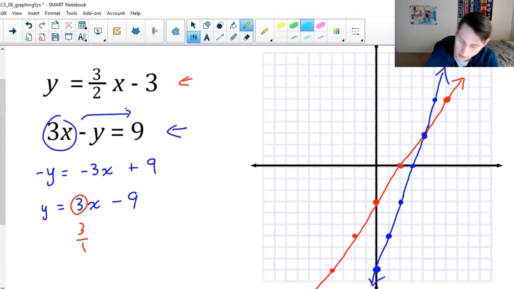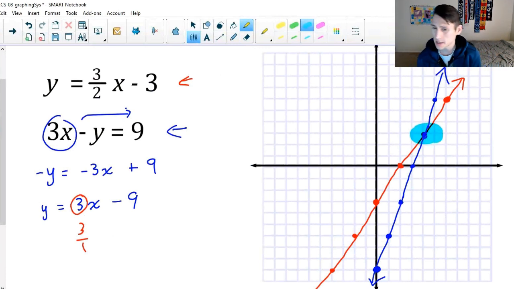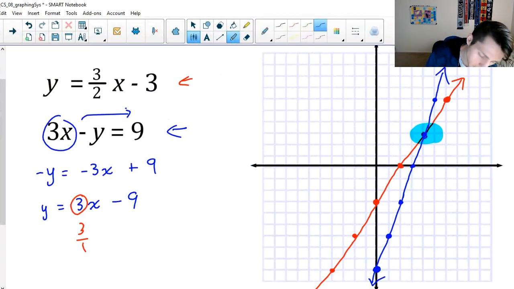Okay? And so when I actually graph these, I can tell that the solution is the point where they intersect. So in this case, the solution is the point, what is that, (4, 3)?